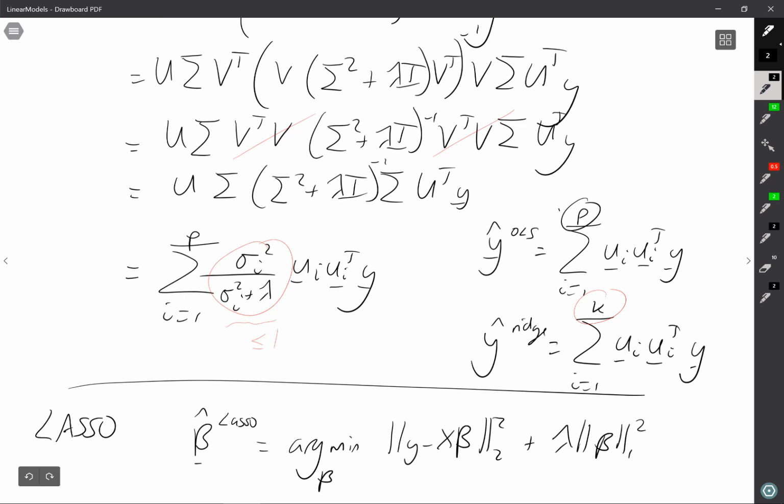So instead of using the L2 norm, we use the L1 norm. And this gives us a very different type of shrinkage estimator, which you can read about if you like on Wikipedia or many places on the web. It's a different type of shrinkage estimator that works very well in some higher dimensional problems, but is a bit beyond the scope of the module here.